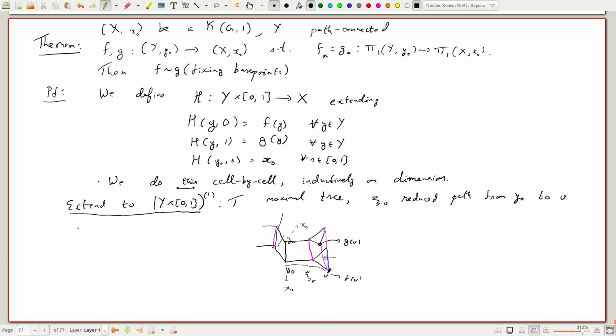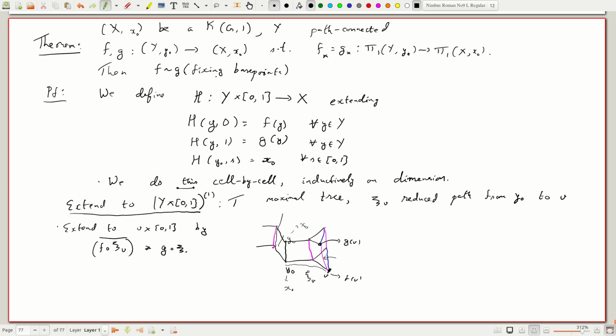So let's be concrete here. So we extend to v cross 0, 1. This is an edge, by using the map f of xi v bar star g composed with xi v.